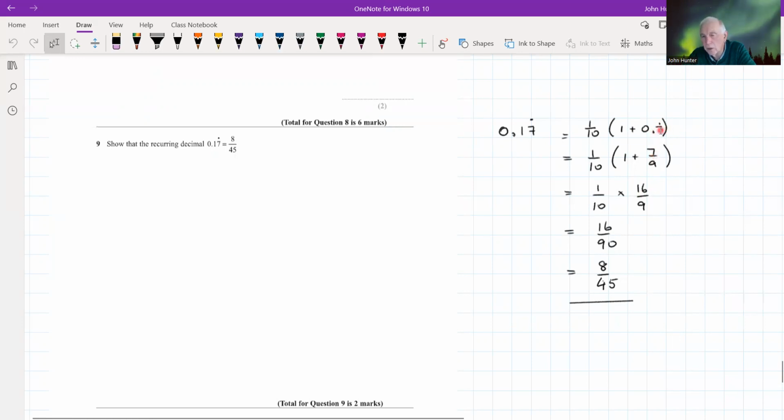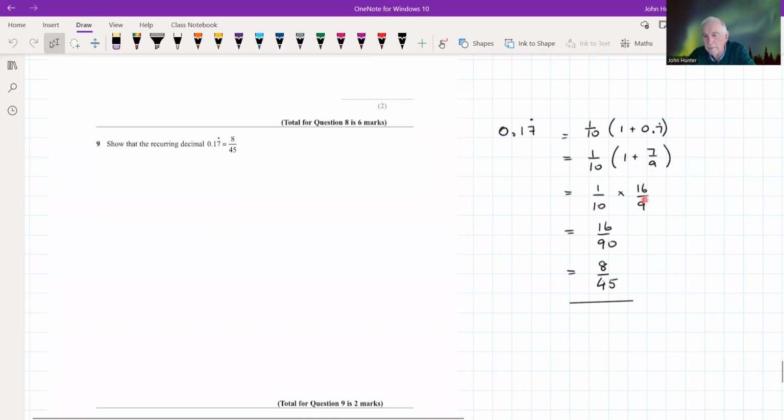So we always put it over 9. If there's 2 parts, if it's like 0.73, then it would be 73/99, and so on. In this case, we've just got the 1 digit, so 0.7 recurring is 7/9. I've got our 1 here. If we rearrange this into a fraction, 16/9, then we can bring this back into the scene.